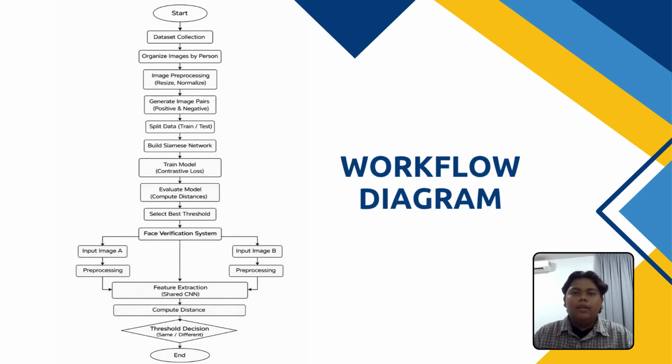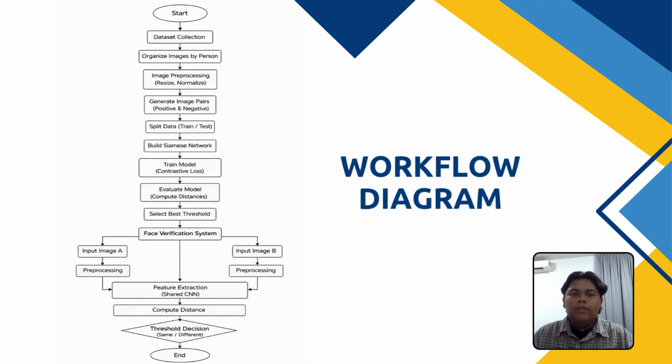Now I will present the workflow diagram. This workflow diagram shows the full process of my face verification system using a Siamese network from the start until the end. First, the system collects all the face images and organizes them by each person.